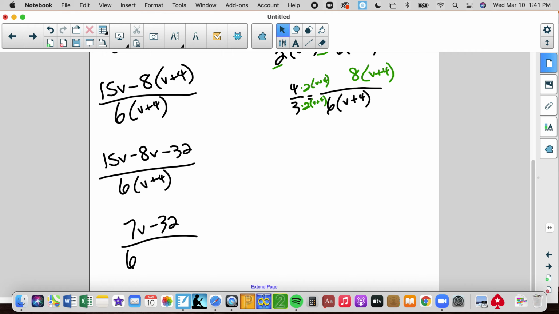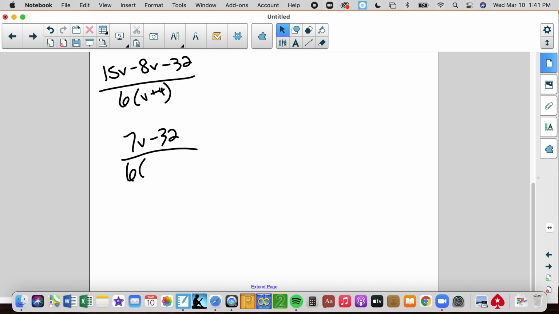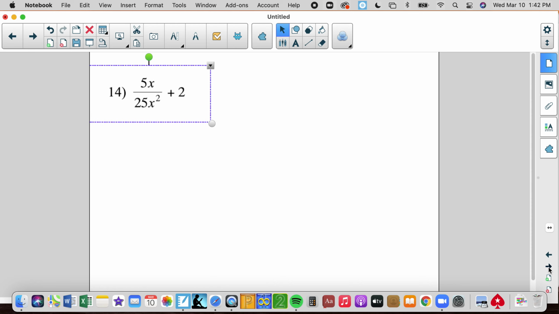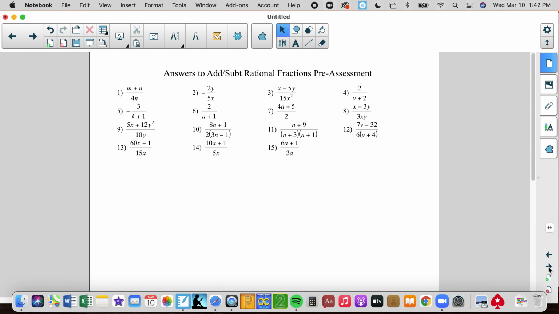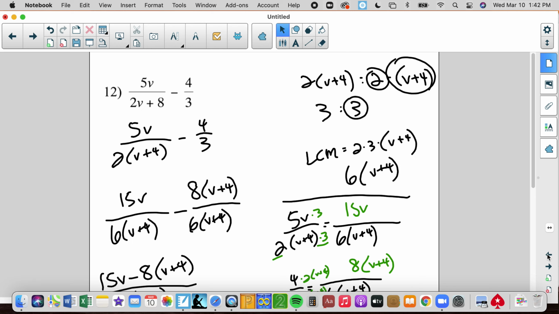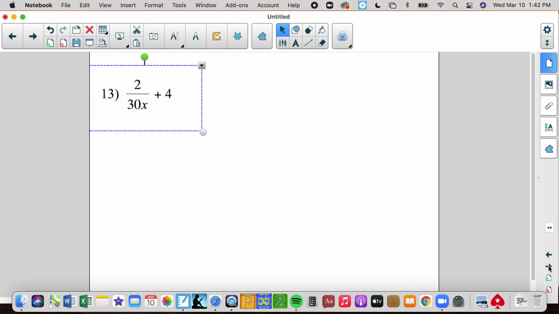What? That is a stinker of a problem. 7 doesn't go into 32. I was hoping to simplify that. Is that really the right answer? What was it? 7v minus 32. Yeah, bummer. That was number 12. All right, we'll see.